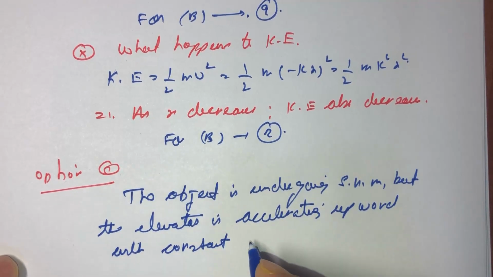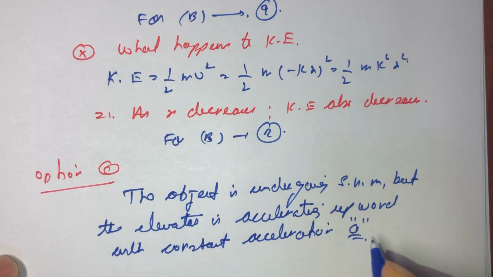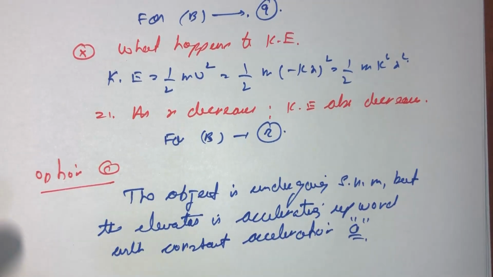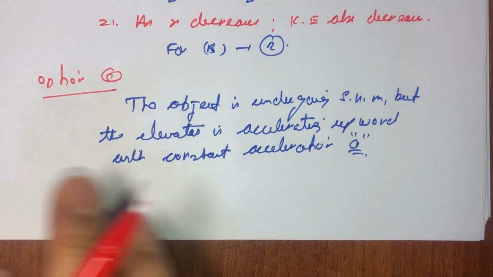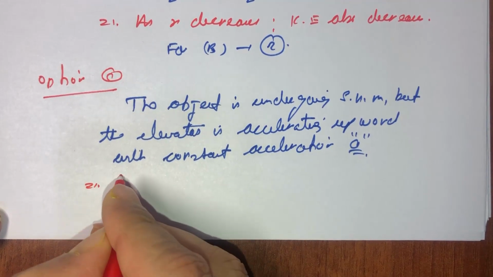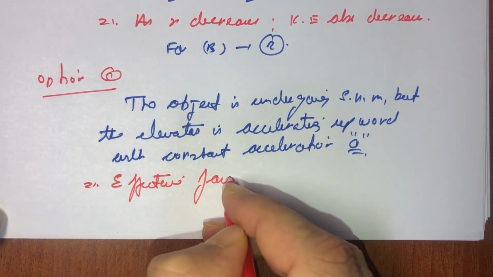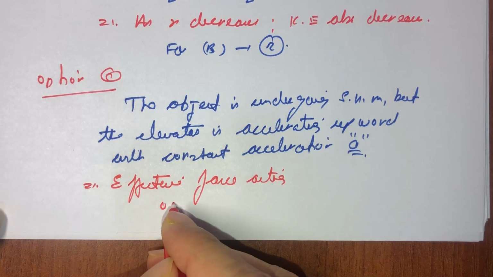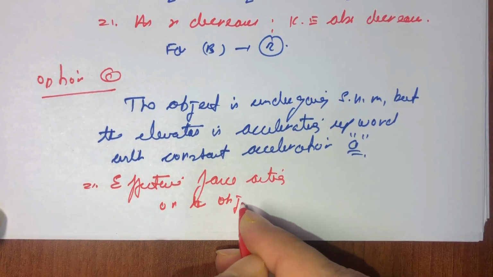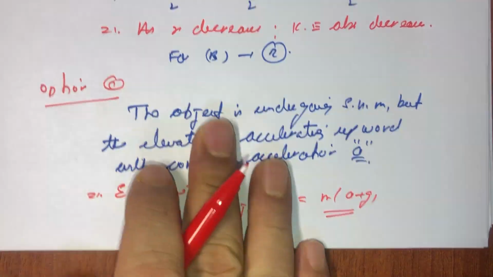With constant acceleration a, therefore we can say the effective force that will be acting on the object will be equal to m multiplied by g plus a. Therefore the effective force acting on the object is equal to m times a plus g.